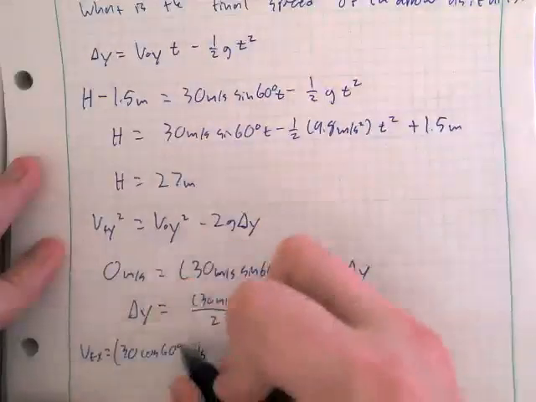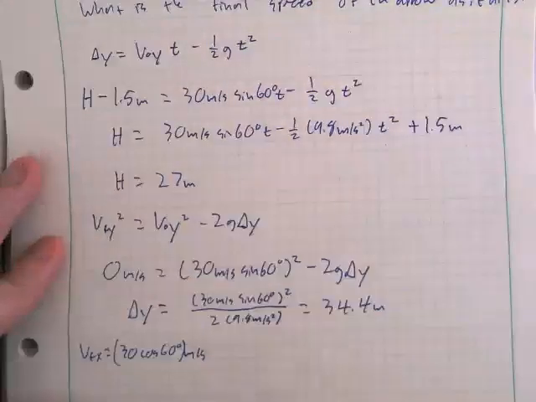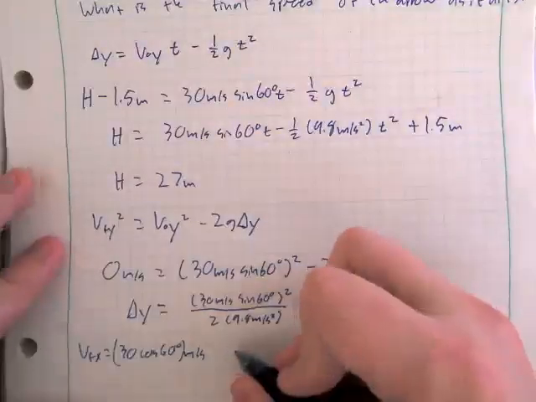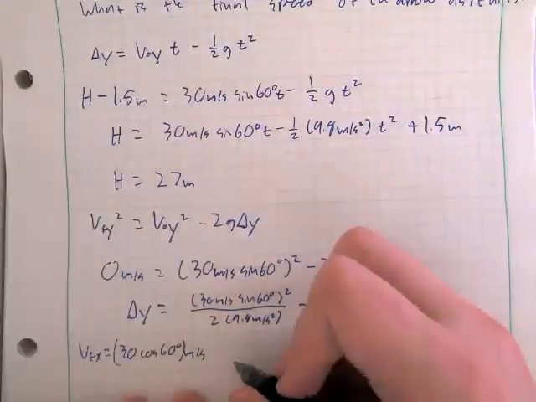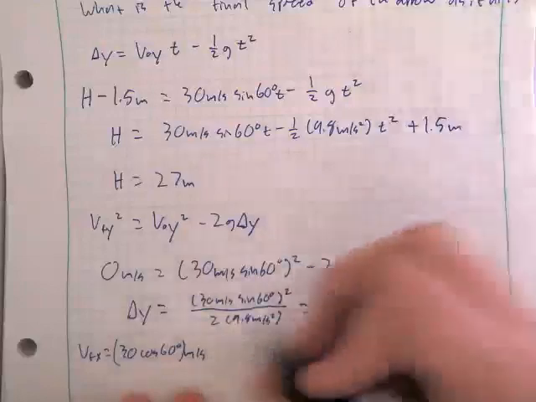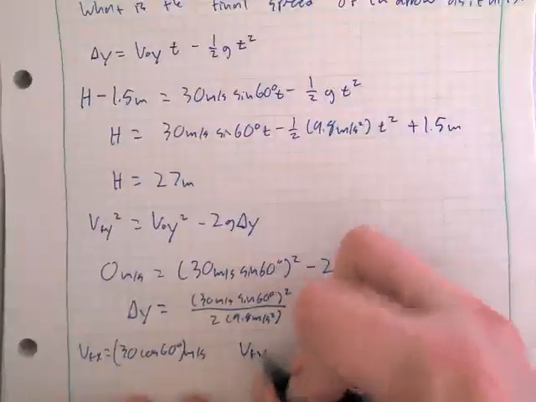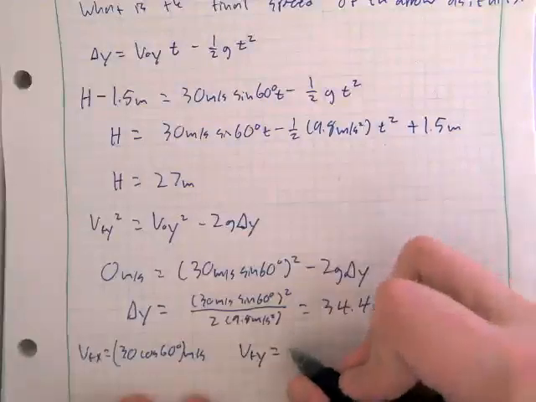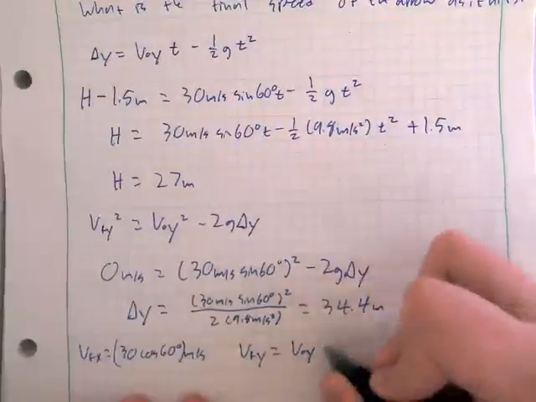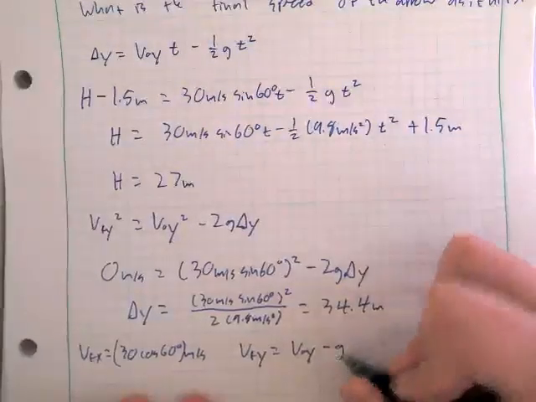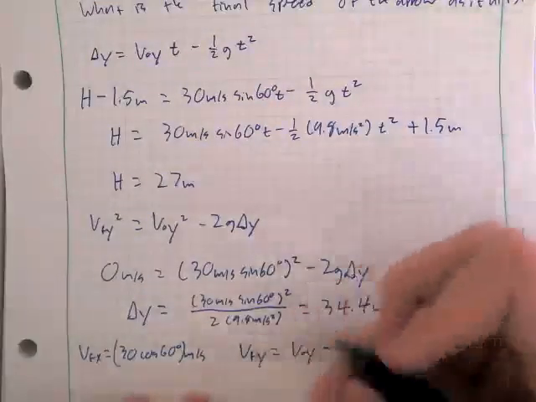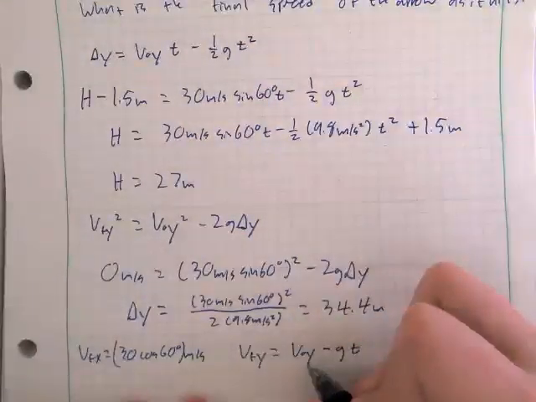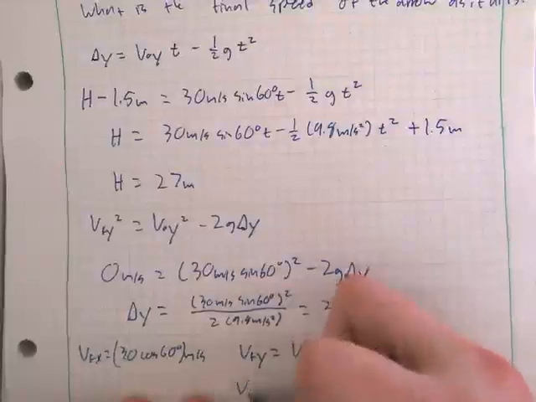That will be our v final in the x direction. For v final in the y direction, after we've gone through the entire course of the trip, what do we need to do for that one? We can just use our velocity as a function of time equation. We have v naught y minus g times t. This is again 30 meters per second times the sine of 60.